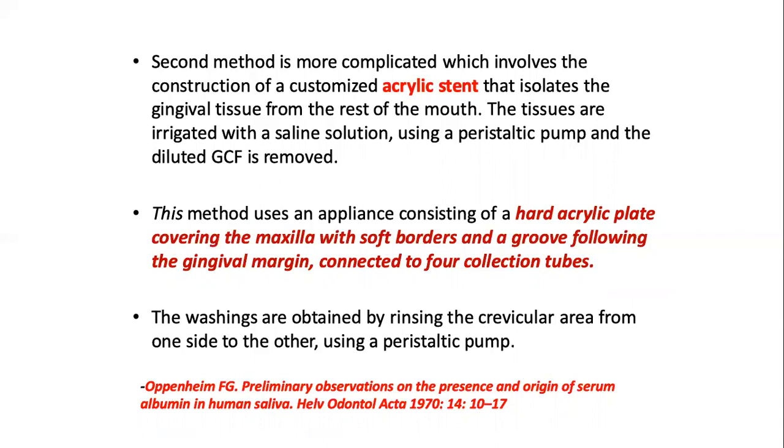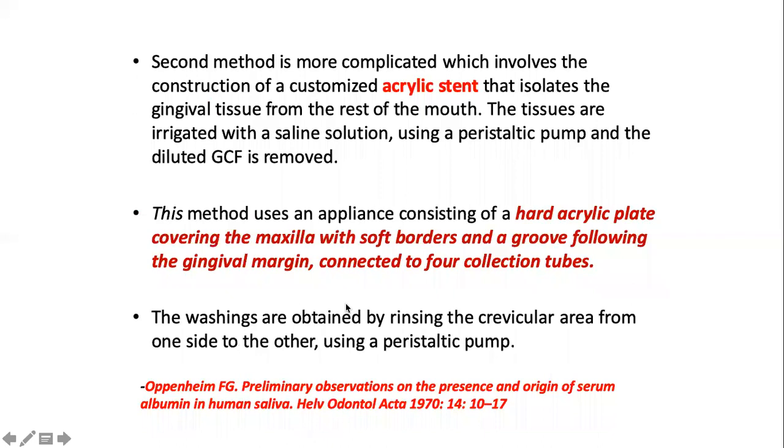The tissues are then irrigated with a saline solution using a peristaltic pump. Here is a picture of the peristaltic pump, and you can see that the lady has the prefabricated acrylic plate, and this pump is connected to the acrylic stent, and then the diluted GCF is removed.